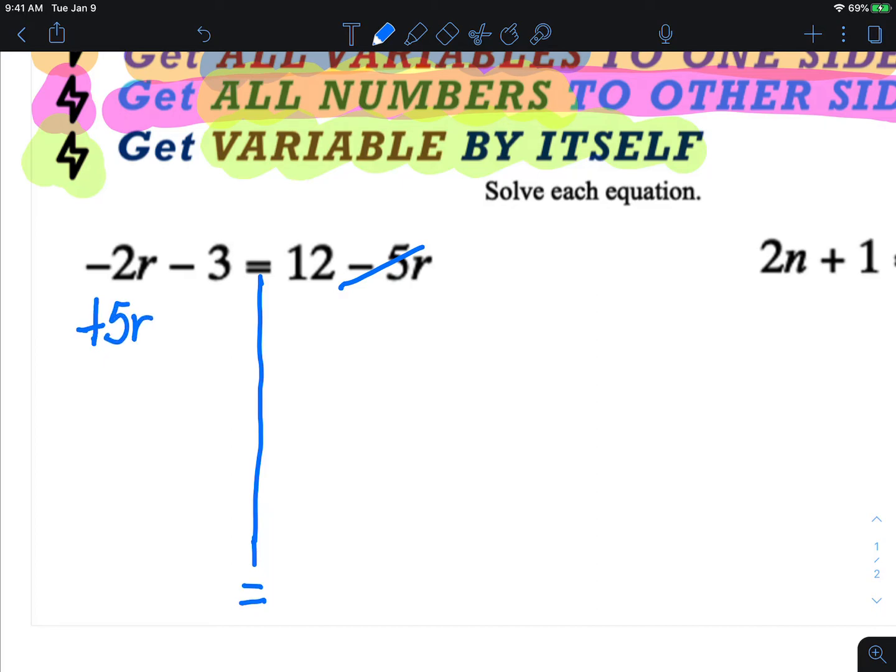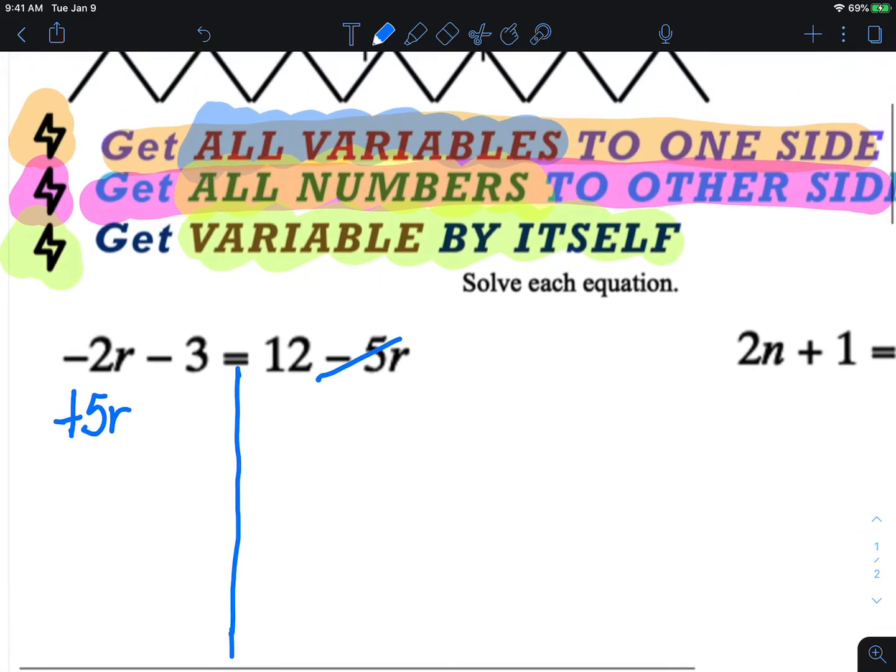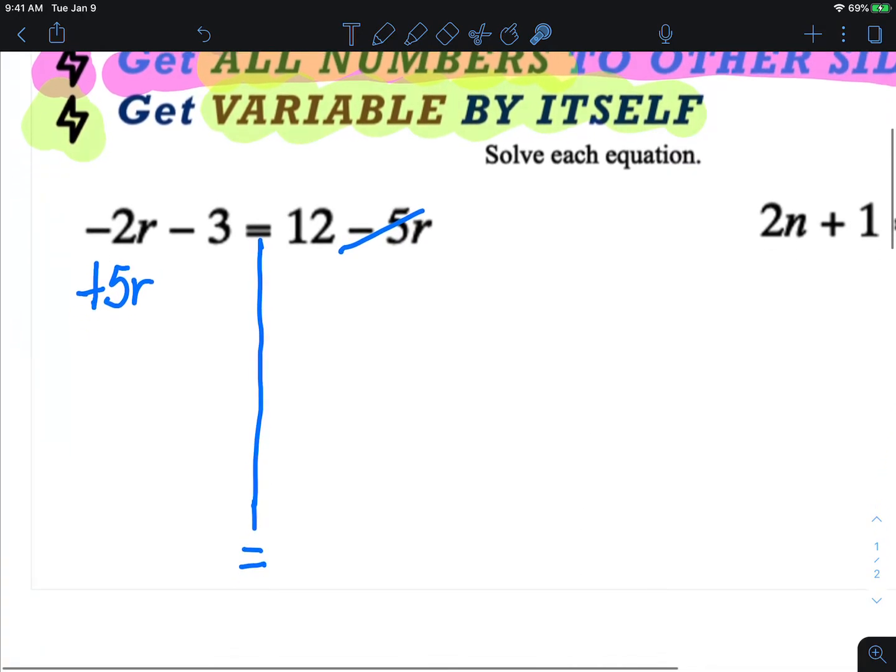Remember, we want all variables on one side, but the second lightning bolt says we want all numbers on the other side. Now that I have these R's together, I can bring them down.